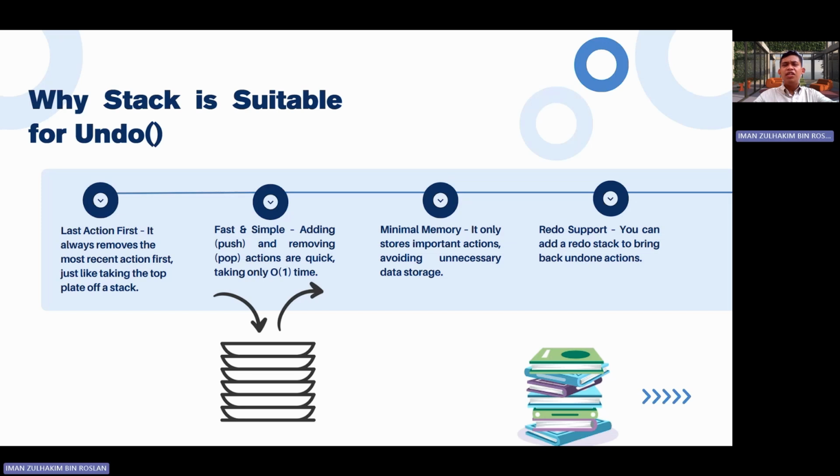It is used in text editors, graphic software, spreadsheets, and even in video games. So the next time you hit the Control Z button, we know that behind the scenes a humble stack is doing all the hard work. And that's all from me.